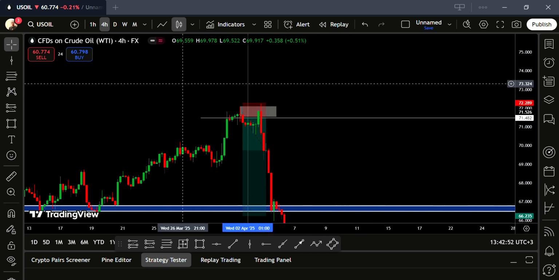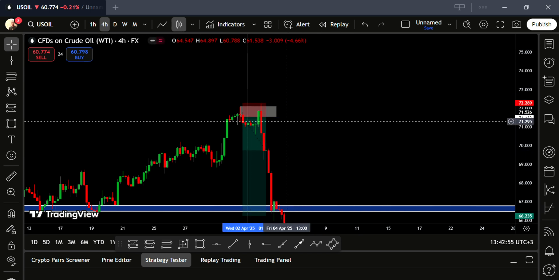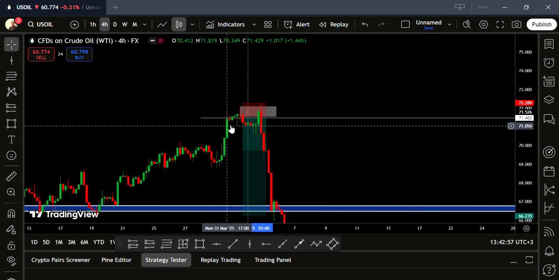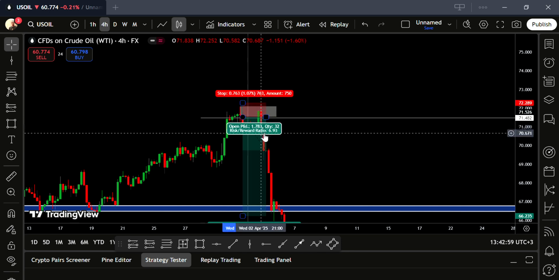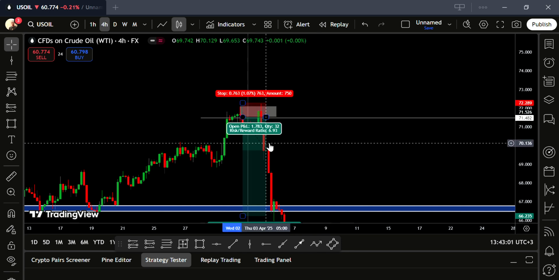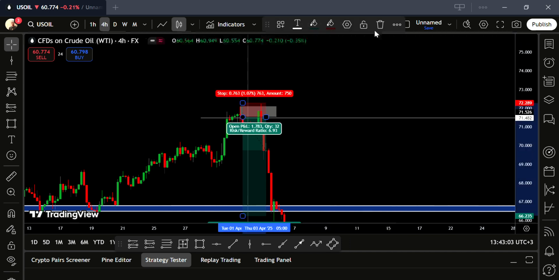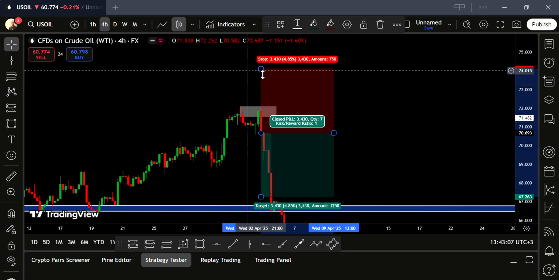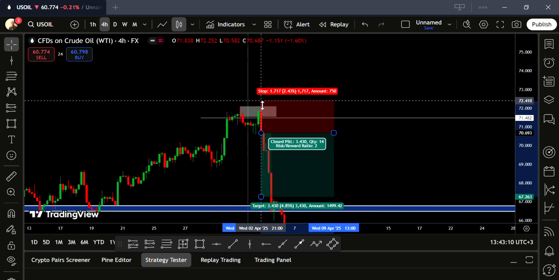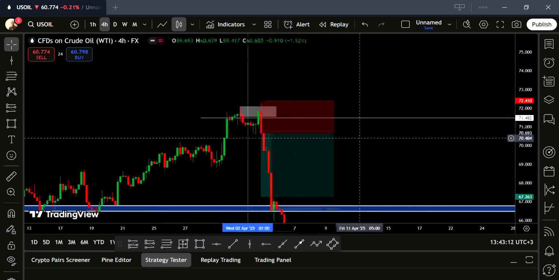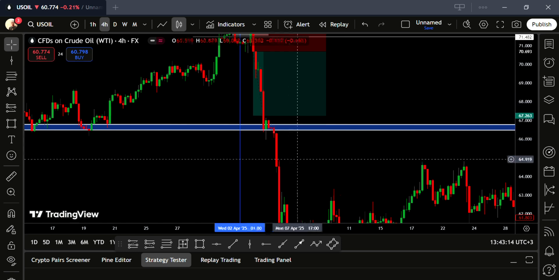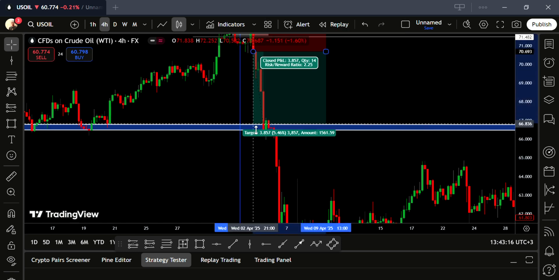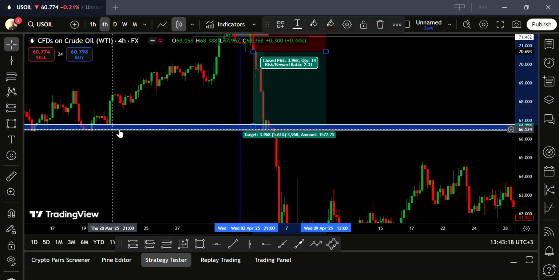However, if you had your break on the 4-hour, you wouldn't worry about this because it would retrace. When it broke here, that is now when you confirmed and entered. So my entry would be here. Stop losses go above this wick because that is the last high that price reached. Then I target the next support level, which is this one.